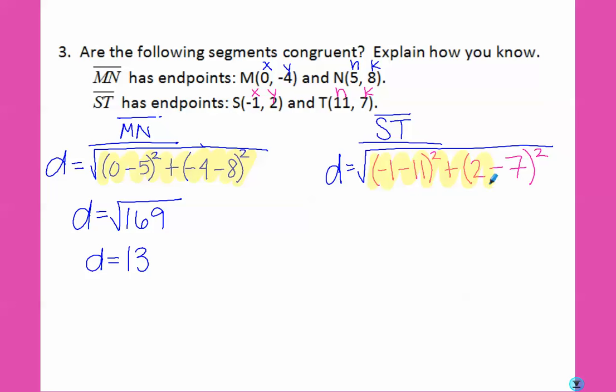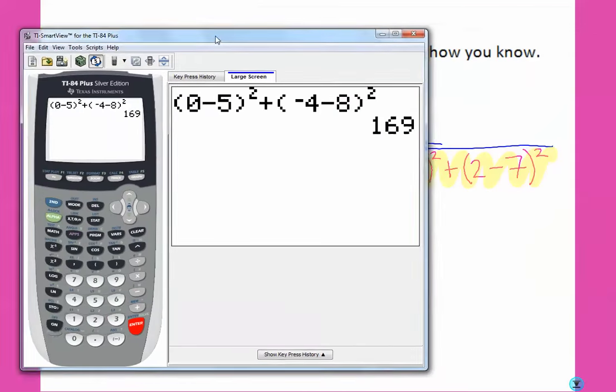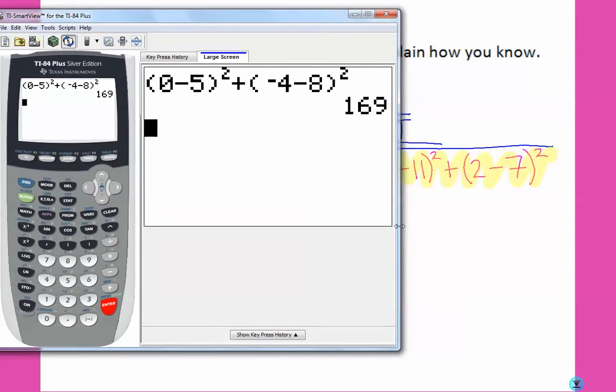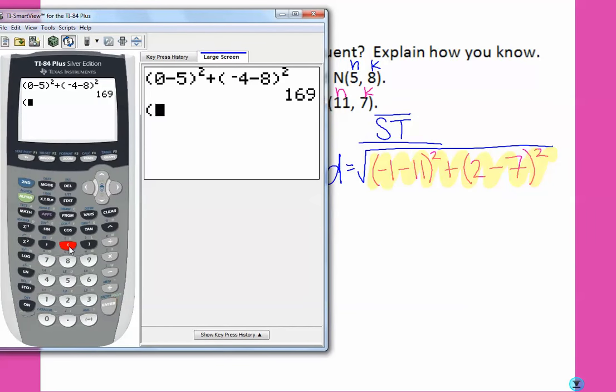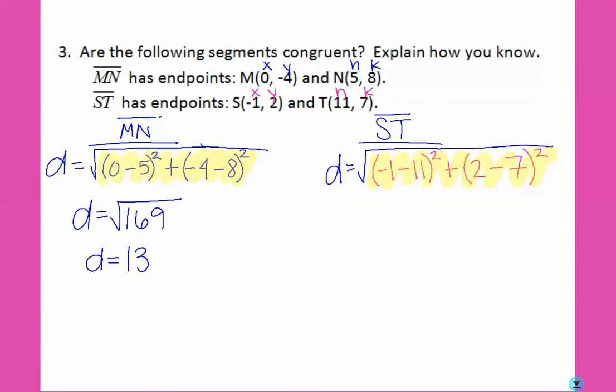Just type in this part under the radical, not the actual radical. So, parentheses, -1 minus 11, squared, plus 2 minus 7, parentheses squared, and we get 169. So the distance equals the square root of 169, which means the distance is equal to 13.